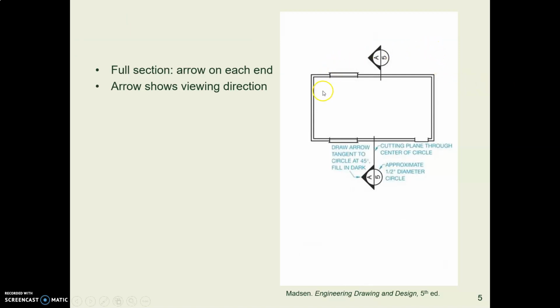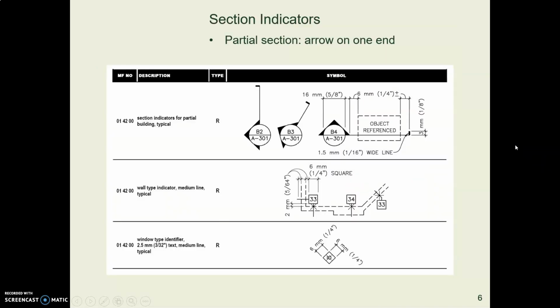And here is an example of a plan view with a full section arrow going through. In some cases, you have to cut these arrows because there's stuff in the middle, but if you have the arrow on both ends, it's okay. Here is the National CAD standard saying you might have a partial section, and if you do, you have an arrow on just one end of the line, and then this flag, this tail, at the other end.